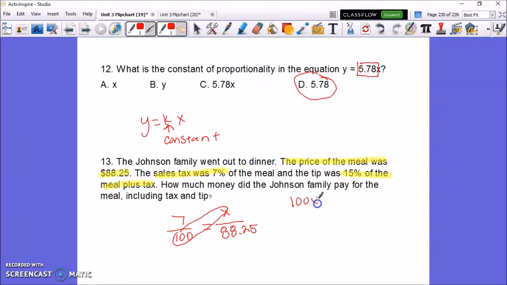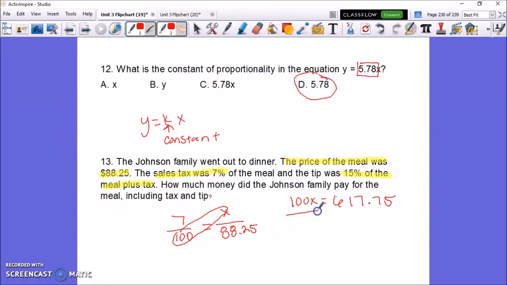That gives us 100x is equal to 7 times 88.25, which is $617.75. Then we're going to divide both sides by 100, rounding up to the nearest cent.